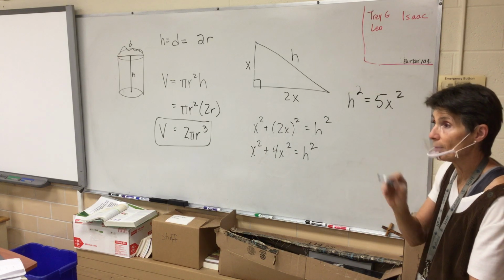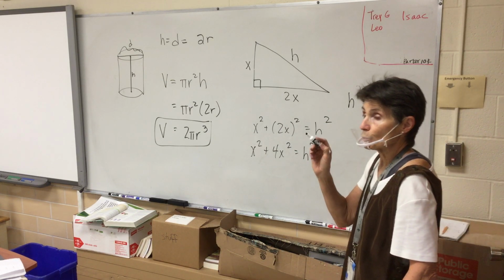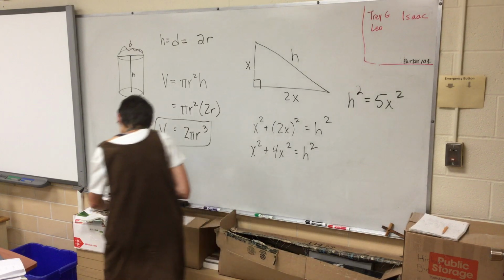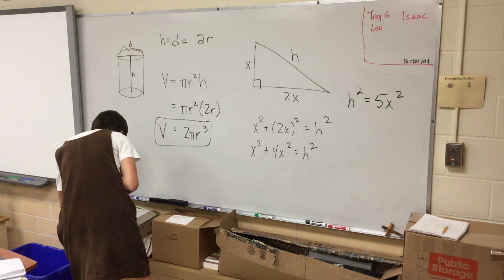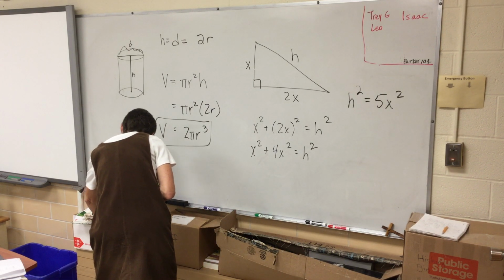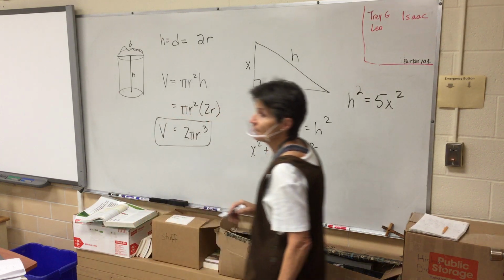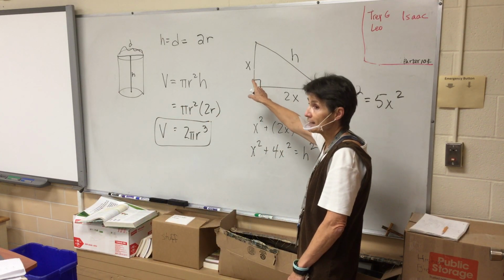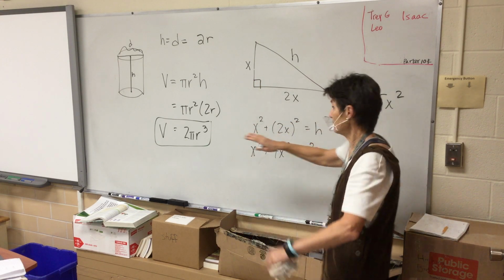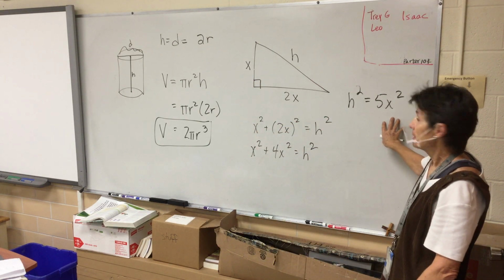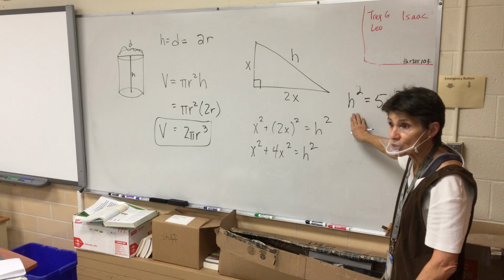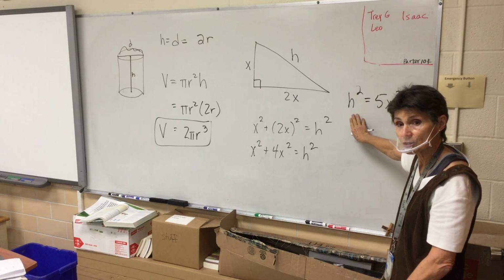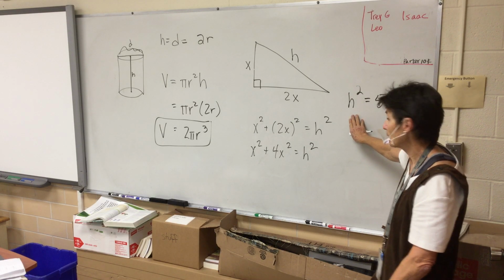Now let's read the problem again. Write the length of the hypotenuse as a function of the length of the shorter leg. Now the shorter leg is x. We are all good. This is all x's. But we need h. So what am I going to do to get h? Square root.